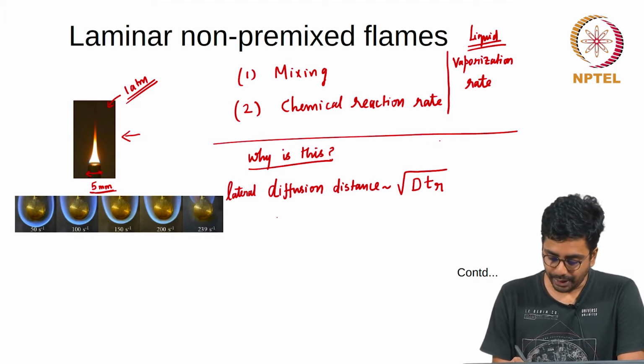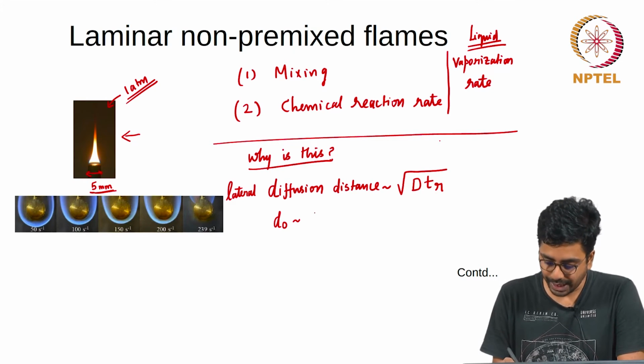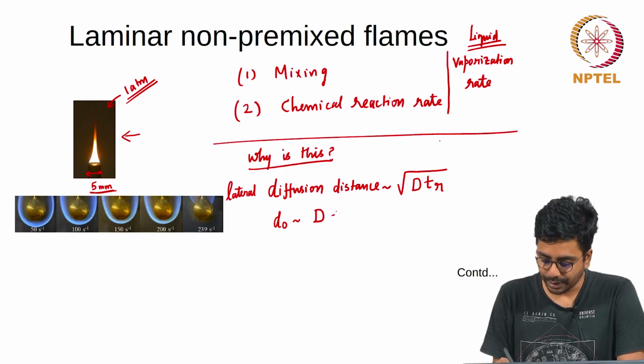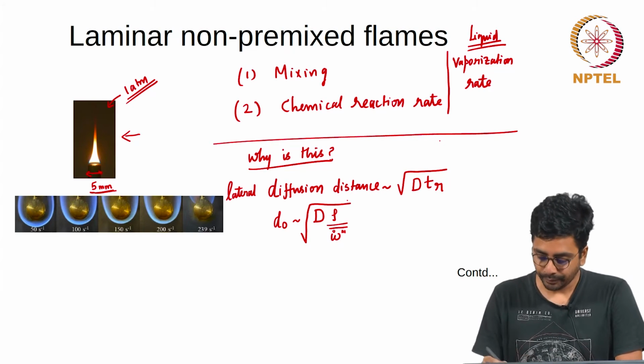And let me denote this lateral diffusion distance as d0, which is proportional to the square root of D times the reaction time. The reaction time is density divided by the average reaction rate, okay. This is the reaction time.